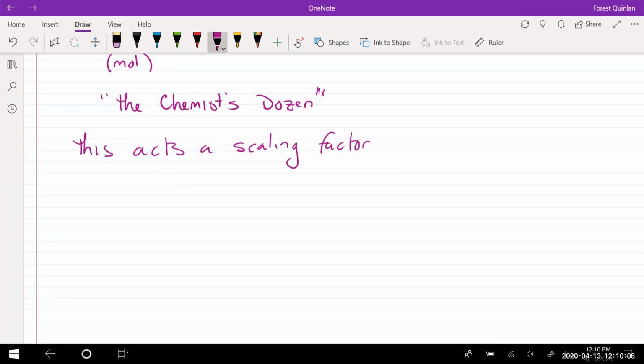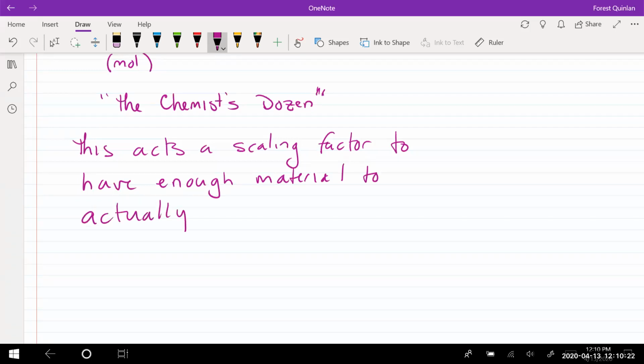This acts as a scaling factor to have enough material to actually weigh it, to actually weigh it or even see it.